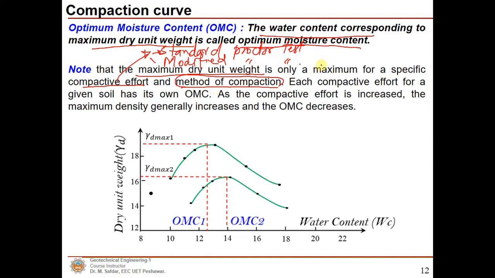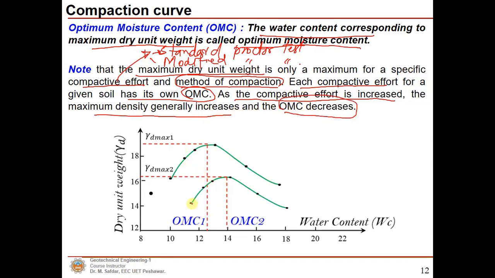Each compactive effort for a given soil has its own optimum moisture content, and as the compactive effort is increased, the maximum dry density generally increases and the optimum moisture content decreases.